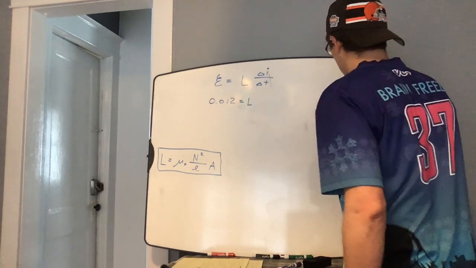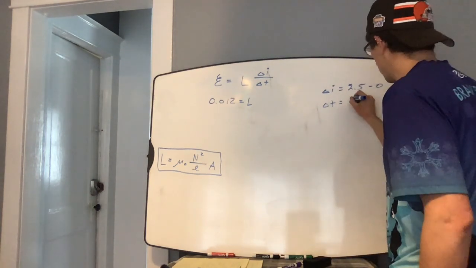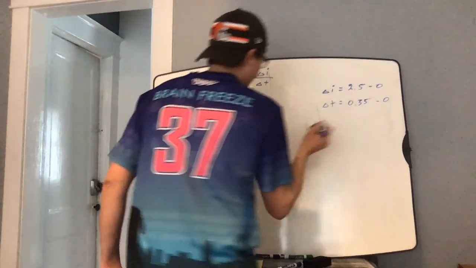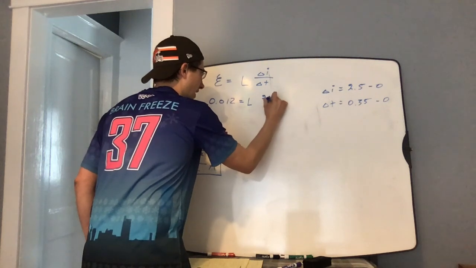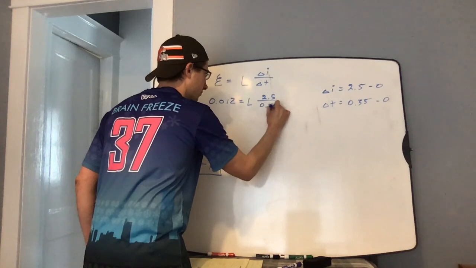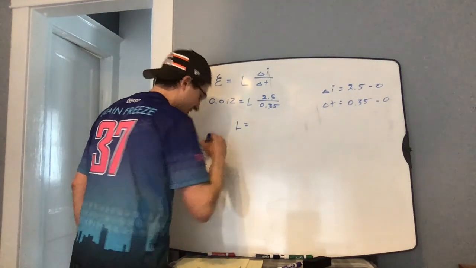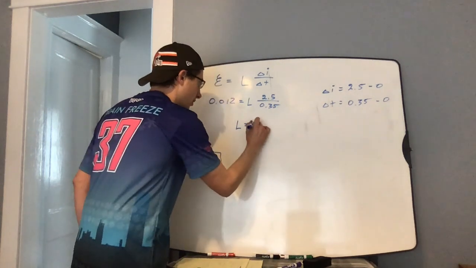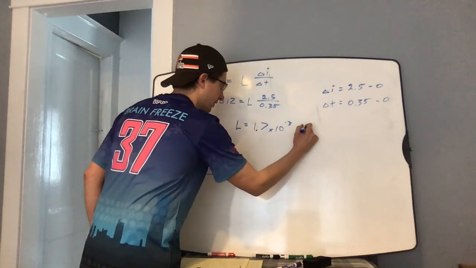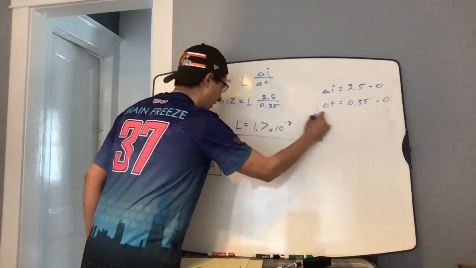And this occurred over a time scale of 0.35 seconds, so delta T is 0.35 minus 0. So then I have 2.5 over 0.35. If I run some algebra through, I get the inductance of the solenoid is 1.7 times 10 to the minus 3. And the unit of inductance is the Henry, with capital H.